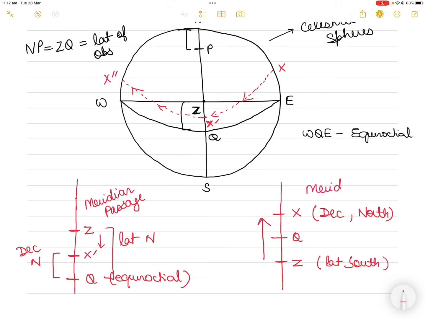But again, this is a case of meridian passage, when the celestial body and the observer share the same meridian. Sorry, the celestial body is exactly on the observer's meridian. It could be north of the observer or south of the observer, doesn't matter, but they are on the same meridian. This situation is called the meridian passage.